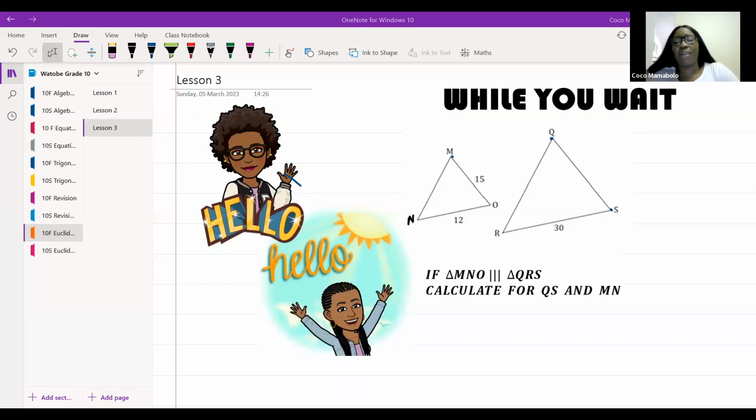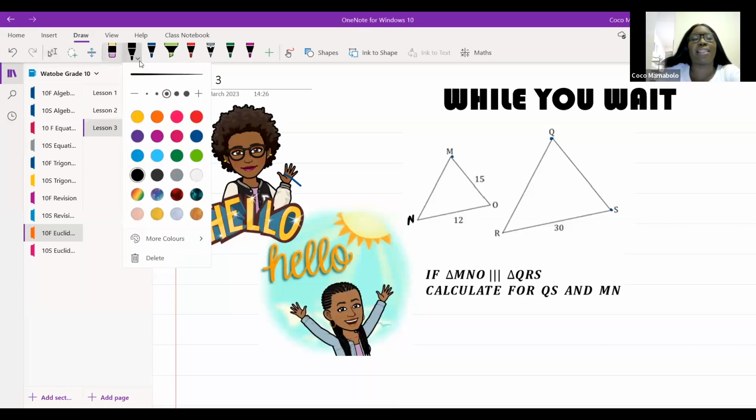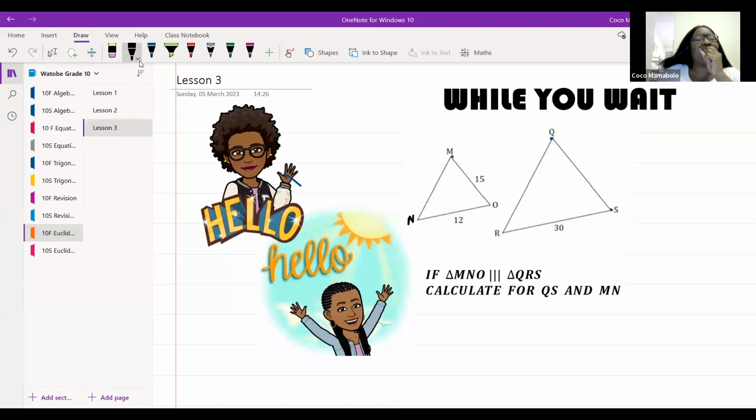Okay, hi, everybody. All right, let's have a look at this question on the screen, guys. Remember, when we've been told that something is in proportion or that it is similar, we know that some of the sides are already in proportion. All right, so the first thing we're going to know, guys, is that MN is in proportion to QR. So we can rewrite it as a ratio.